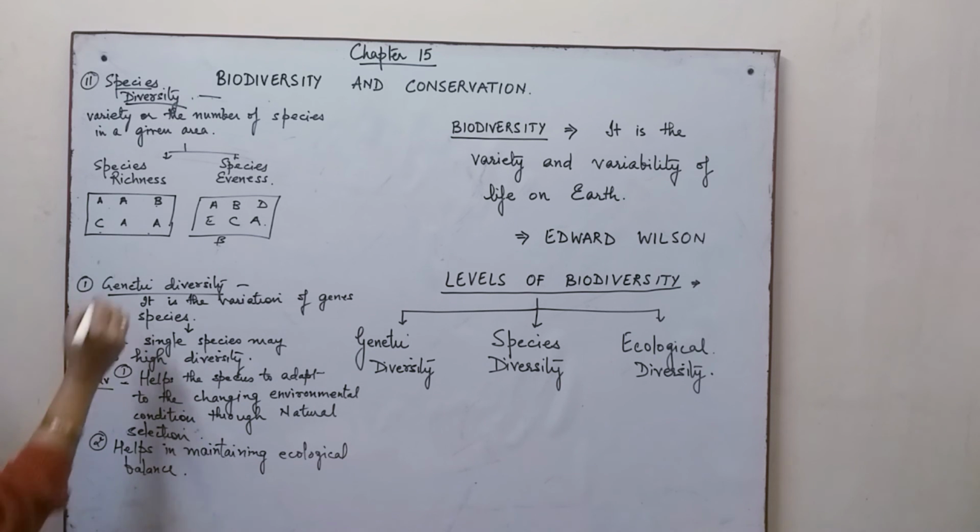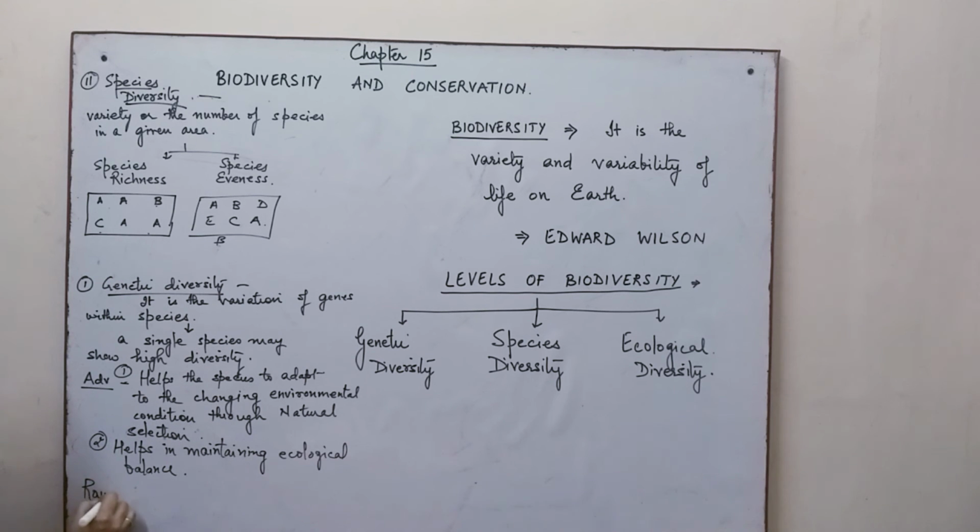This is a good example of genetic variation. It is found in the Himalayan region, and it shows great genetic variation. It is also known as devil's pepper.